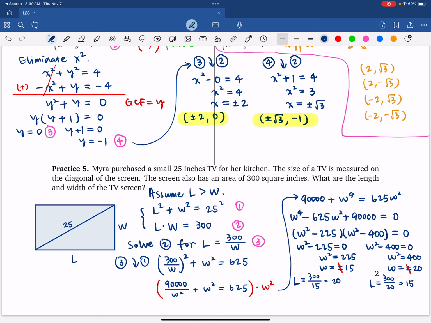And remember, at the beginning, we assumed your length is greater than width. So at the end, we could say that your length is 20 inches, and then your width is 15 inches. The other solution is the opposite. You just switch the order, saying that the length is 15, the width is 20, but it's more likely that we're going to have a widescreen TV instead.